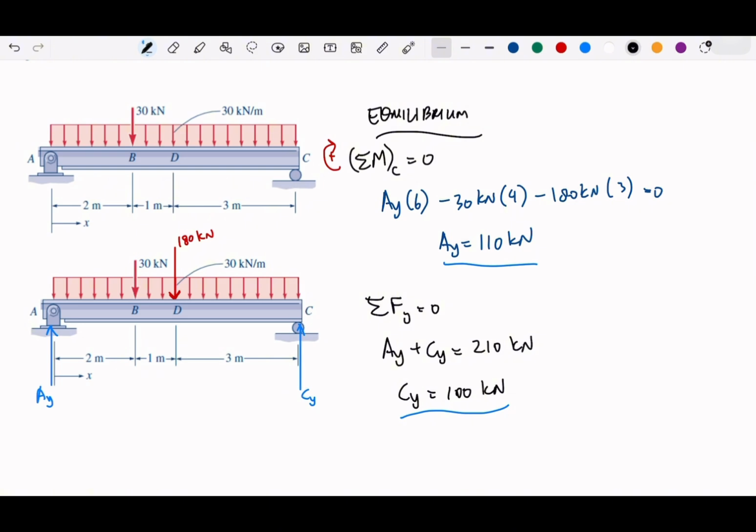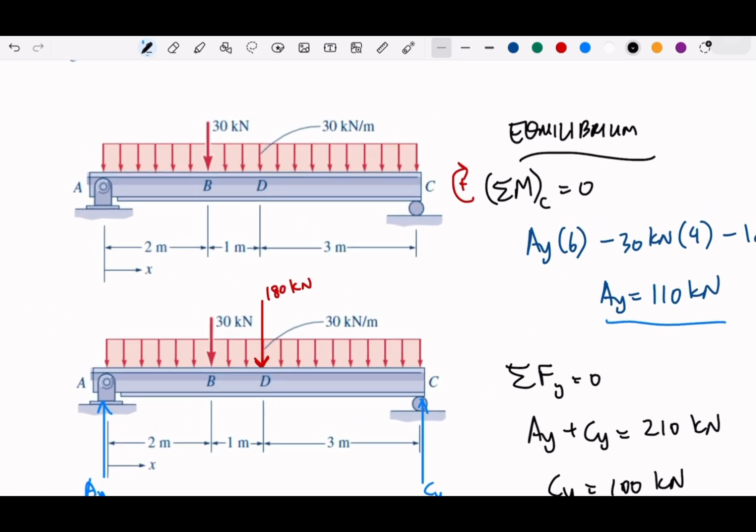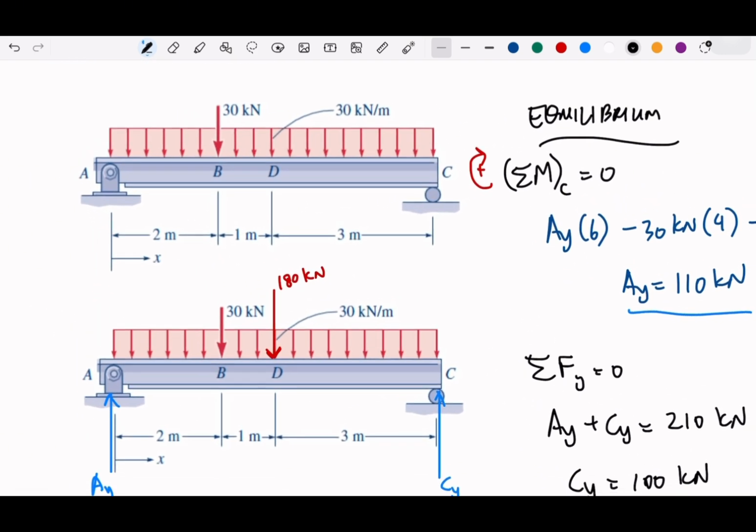Okay, what's next? Next we need to compute what we have in the diagram. We always start, let's suppose that we are walking from the point on the left. Suppose this is you. We are walking, and there's nothing much happening aside from the distributed load along the 2 meters. So we have the distributed load here, and suddenly we have something at B. We have another external load, which gives you a jump in the diagram or the curve.